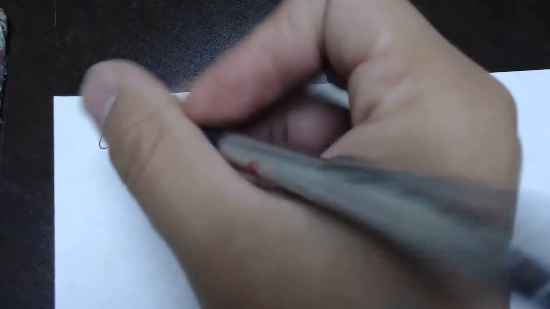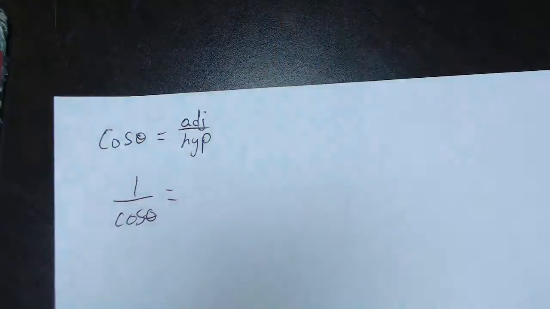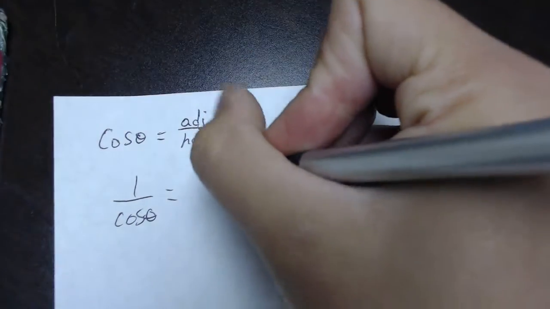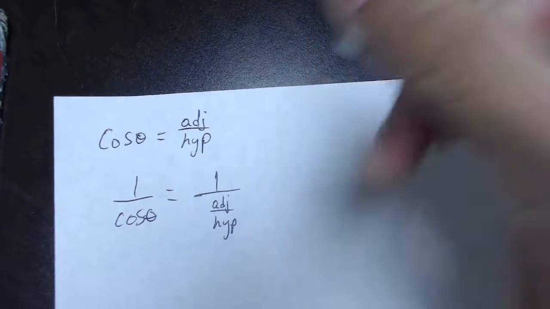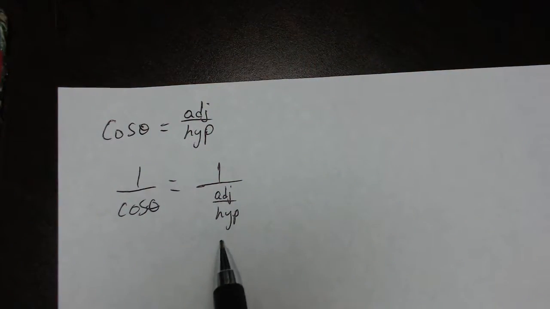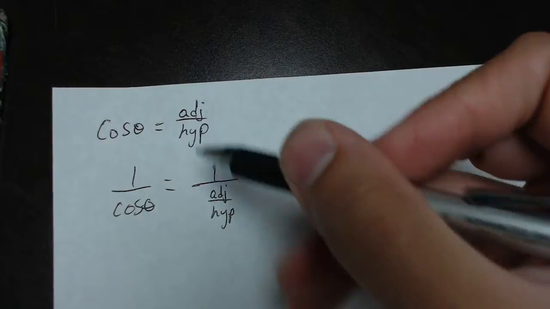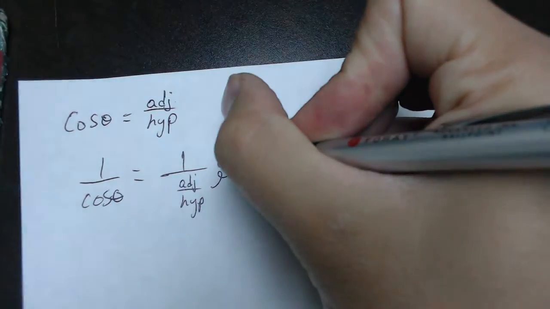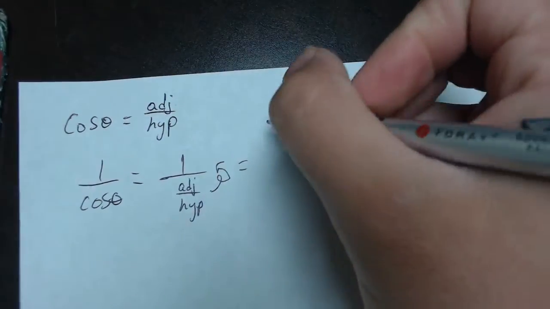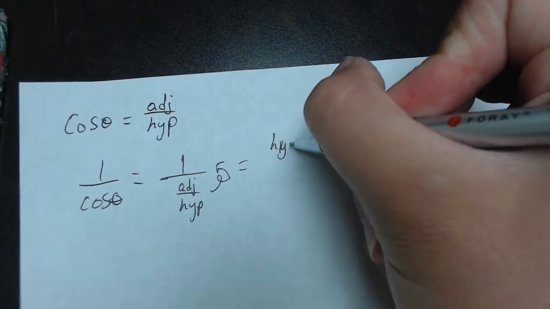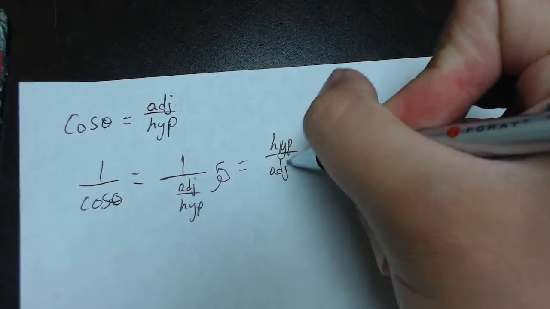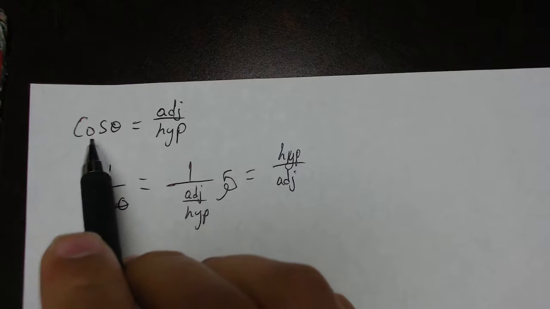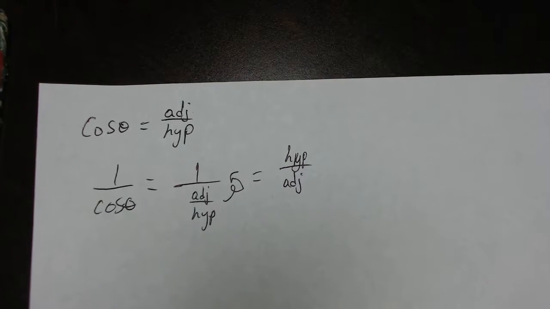So the reciprocal would be like saying 1 over cosine of theta, which would be rewritten as 1 over the adjacent over the hypotenuse if we substitute that for cosine. And then to simplify that, the reciprocal would just end up being the hypotenuse over the adjacent. So we take the cosine function, we flip it upside down, that's the reciprocal.